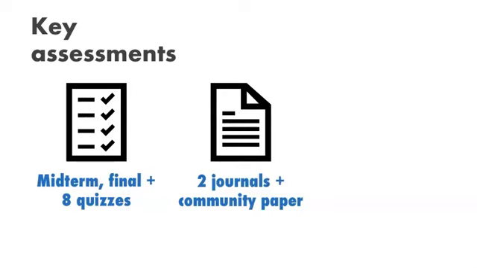So 2 very low stakes, very low key journals where you'll be taking some really important concepts from our course, and actually looking at how they apply in your everyday life. And then our capstone project for this class is going to be a community paper. You'll think about some kind of problem or issue or conflict that exists in a community that you're a member of. Think about how that connects to social psychology and what two different social psychology theories might say about how to best fix that problem.